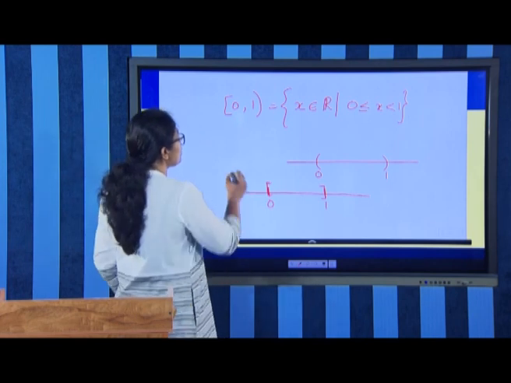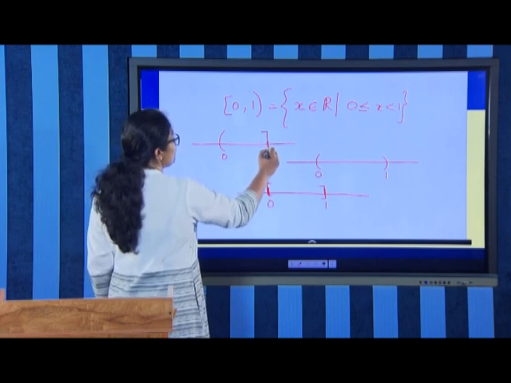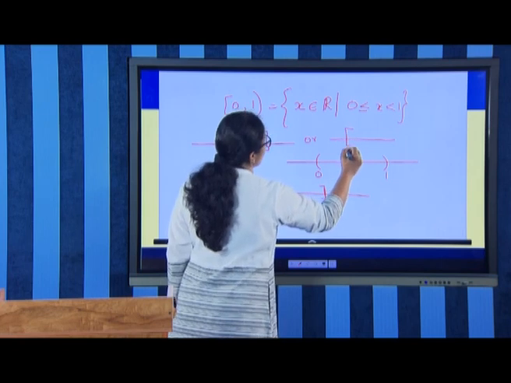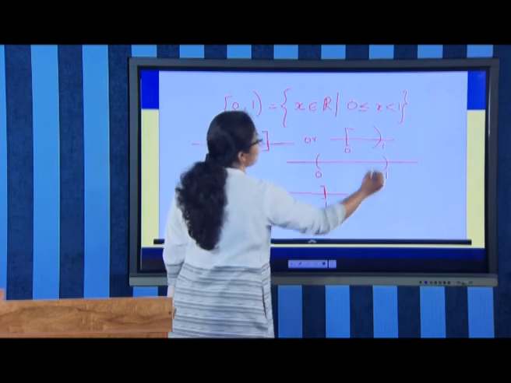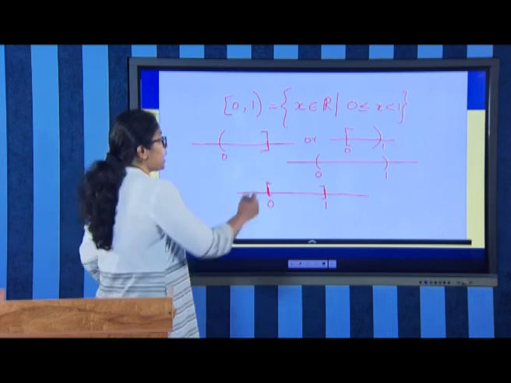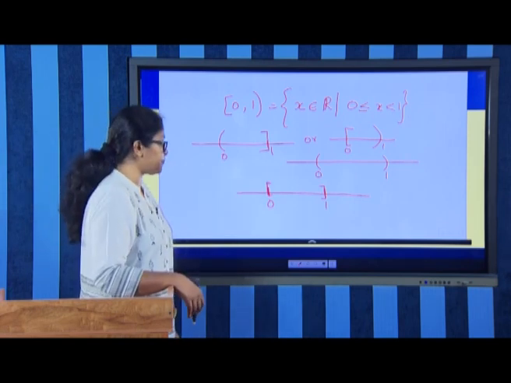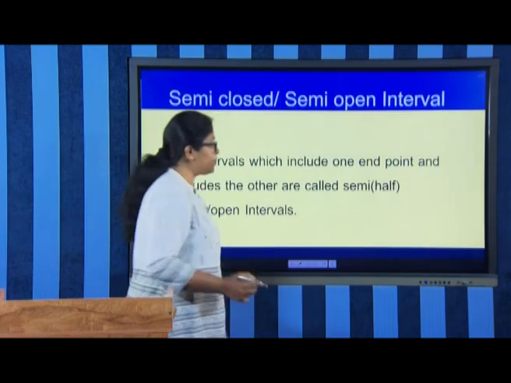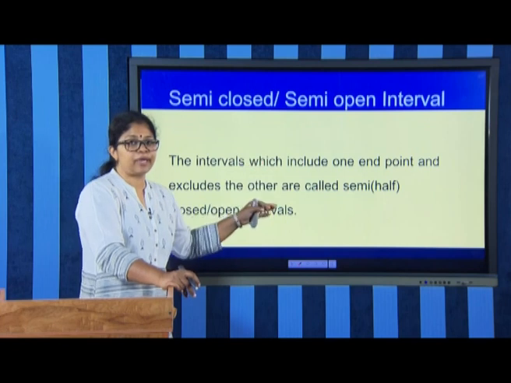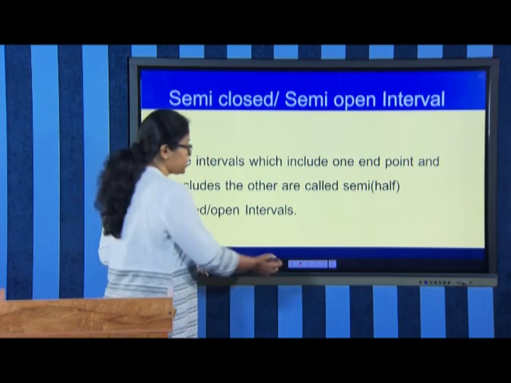Now, semi-closed intervals are open on one side and closed on the other, it can be closed on this side and open on the right. For all these intervals, the endpoints are exactly the same, they are 0 and 1. So, that is what we have seen in the definition. All these intervals that we have defined have the endpoints a and b itself. The endpoints are not going to change.